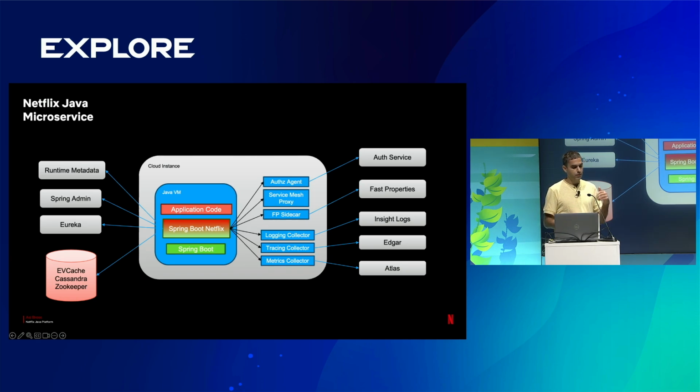Spring Boot Netflix integrates with the various platform services, whether directly by connecting to remote services, or by calling some sidecar processes running on that same instance, which themselves connect to the external services. And again, all those integration points are just using standard Spring Boot building blocks, whether it's auto configurations, environment post-processors to change the values of properties that are being read, or hooking into the application lifecycle by using application listeners or application context initializers.